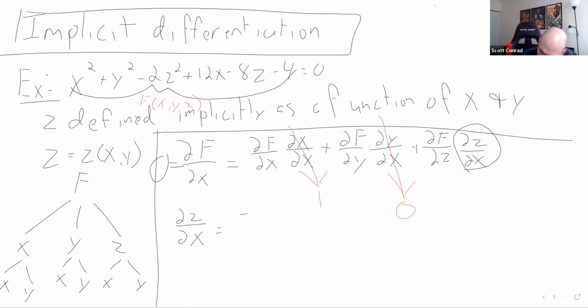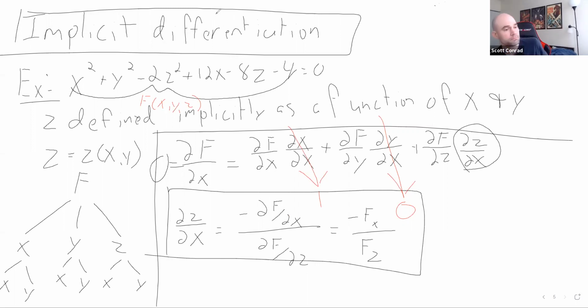So we get negative dF dx divided by dF dz. In other words, negative F sub x over F sub z is equal to the partial of z with respect to x.